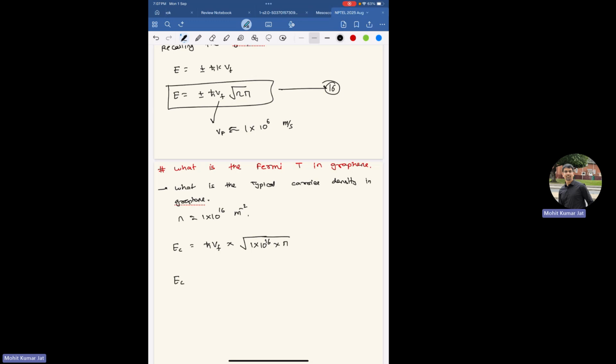And for Fermi temperature, EC will be equal to kBT. So T will be essentially h bar Vf by kB times square root of pi times 10 power 16.